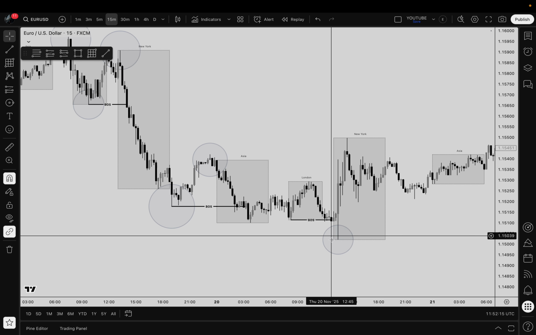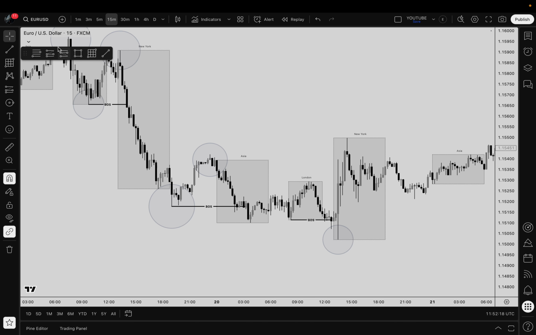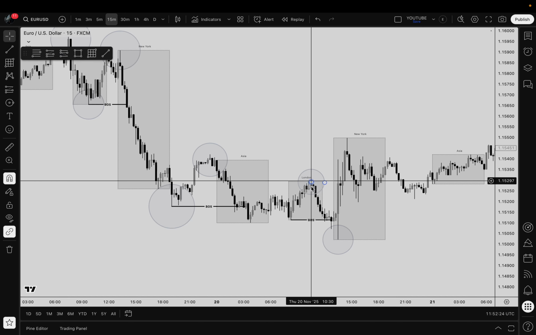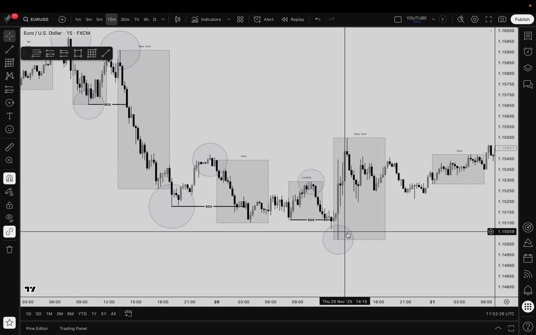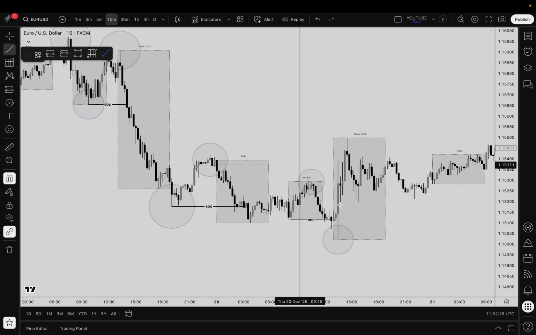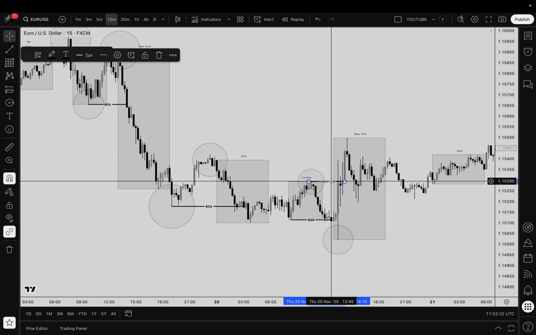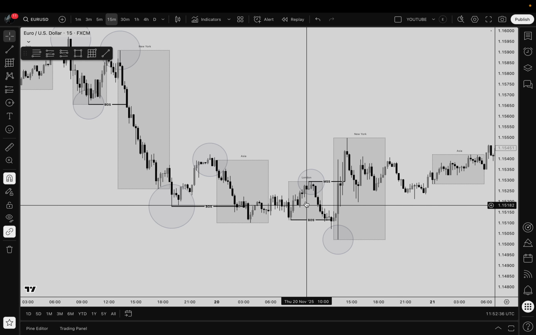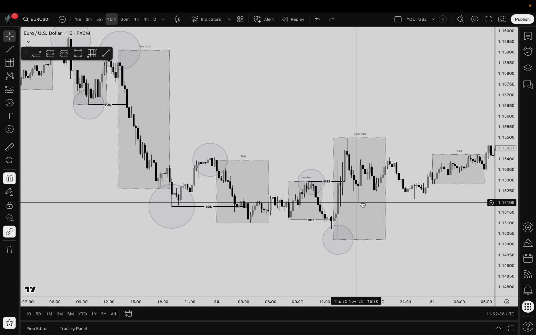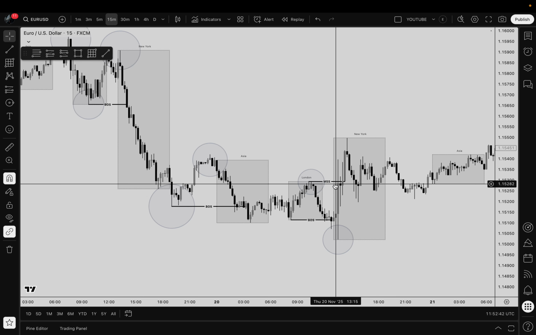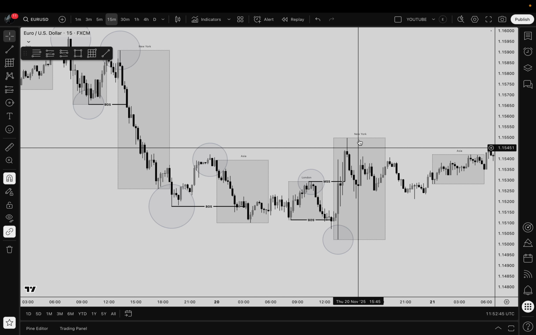Broke structure, continuing down. But we've also had a new lower high here, okay, in this bearish trend. But as you can see, price has now broken this. This is called a market structure shift. So now this trend is changing because it's broken the last lower high to now make new highs, okay?